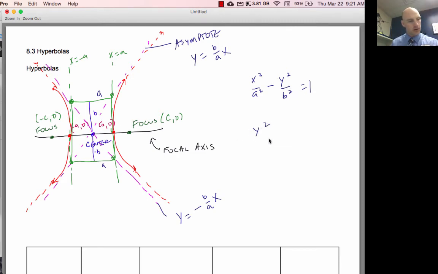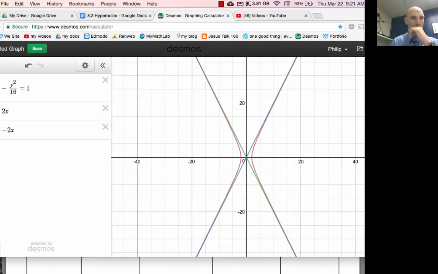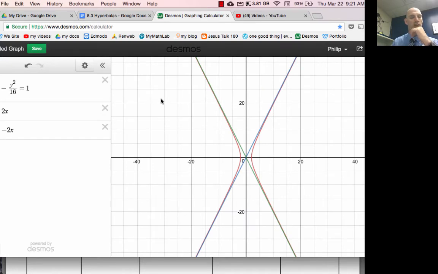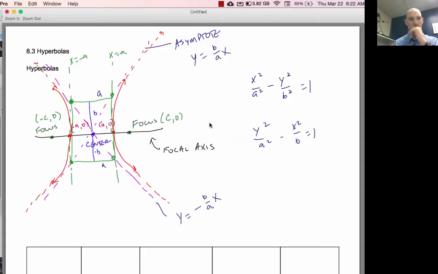Or it could be y squared over a squared minus x squared over b squared equals 1. Check out my equation here. There's an x squared, and look at which way it goes. That axis, so the focal axis, is the x-axis here. There are two axes, the transverse axes.